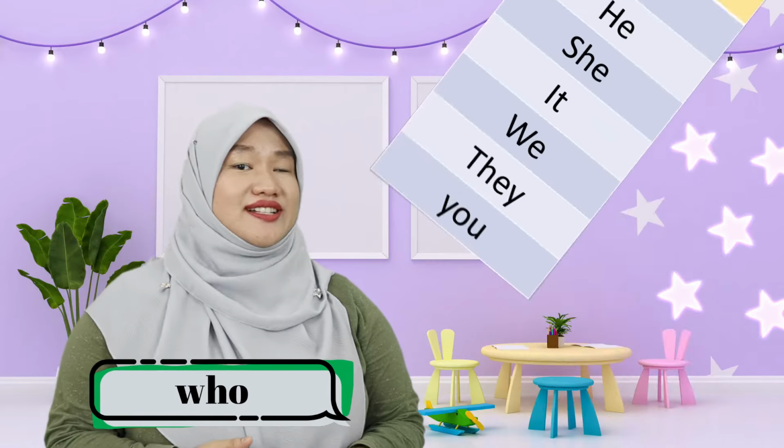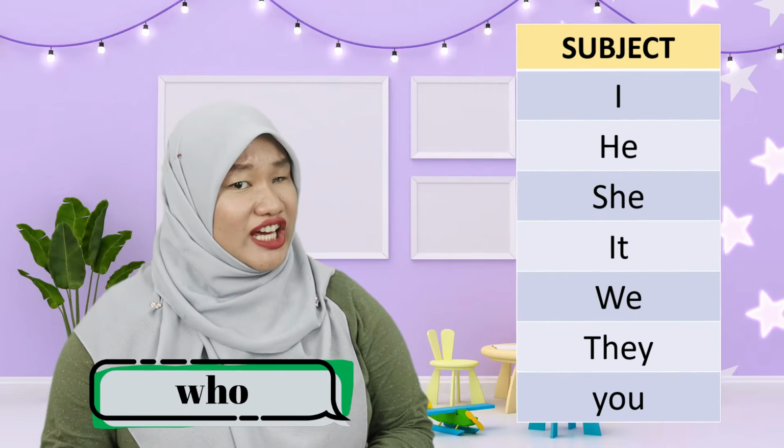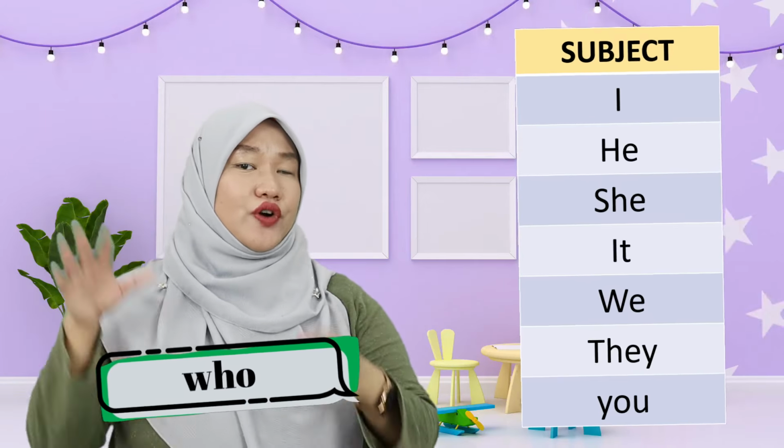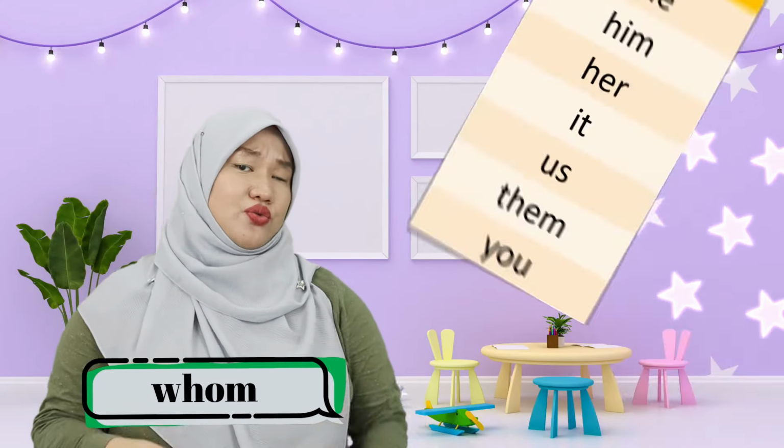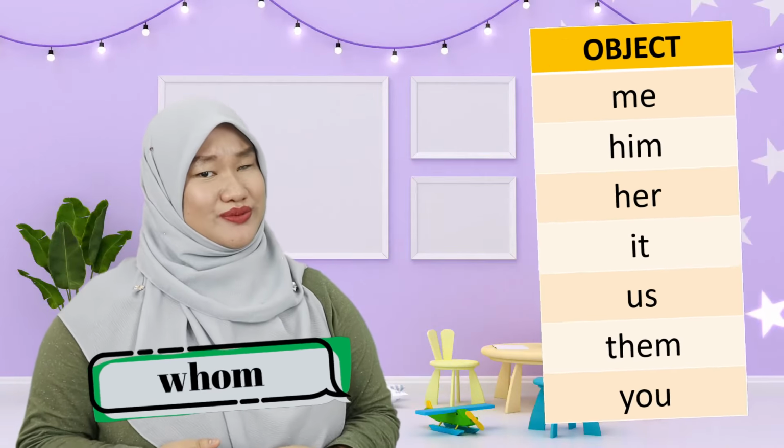In short, before we go deeper, just know that who is used for the subject, so it can be replaced with all the subject pronouns, and whom is used for the object. Whom can be replaced with the object pronouns.